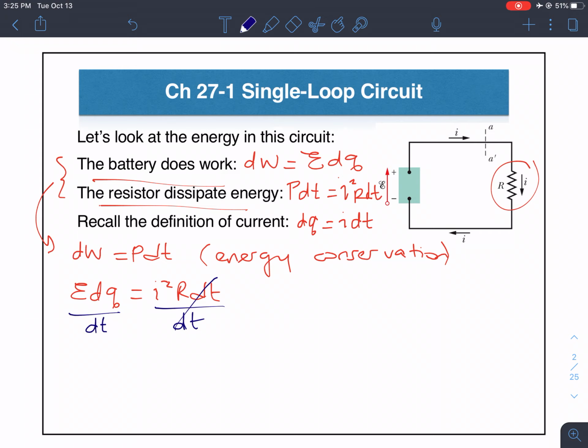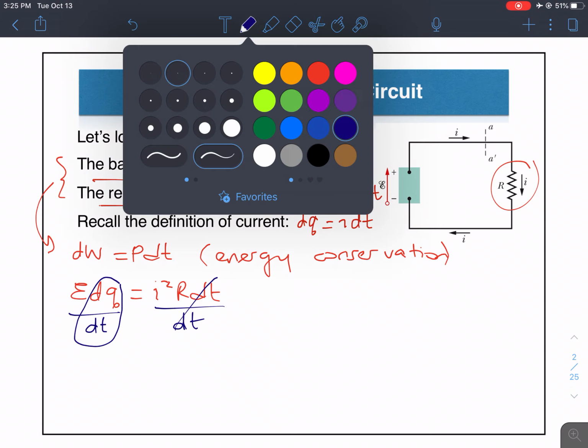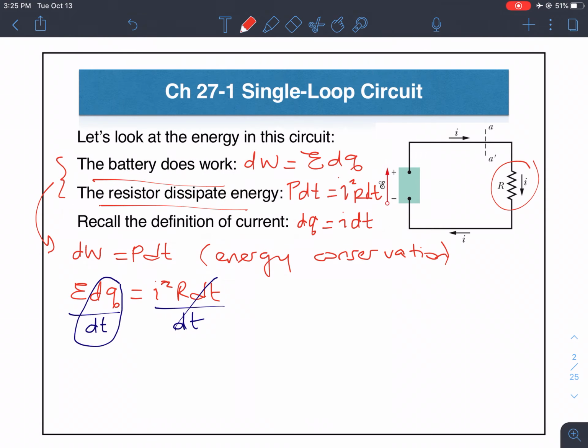And we know that dq over dt is the definition of the current, right? And so we have another current here. This is the EMF times the current then. And we have I square R on the other side. So from this we get EMF being equal to IR. And that's the definition.